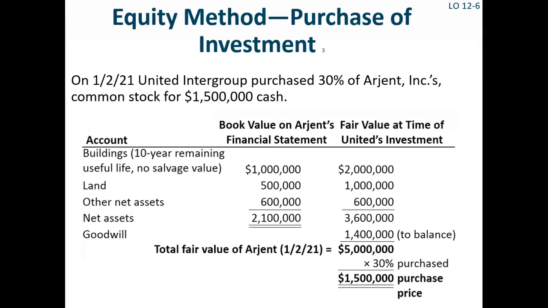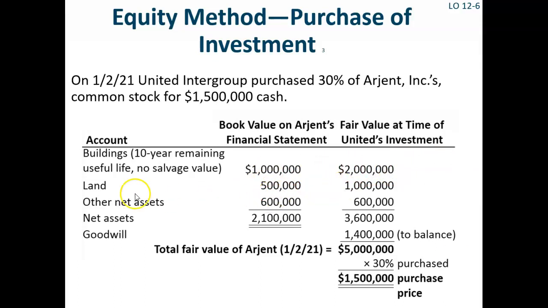The buildings are undervalued by $1 million. That's $2 million of fair value minus the book value of the buildings of $1 million. So United's portion of the undervalue of the buildings is $300,000. That's the $1 million difference times 30%.